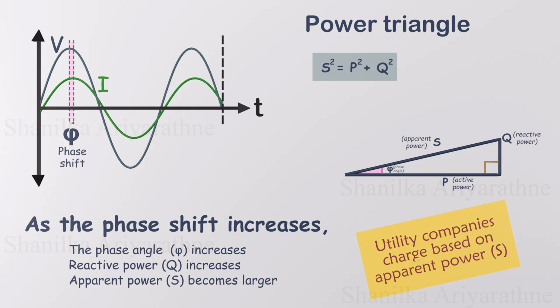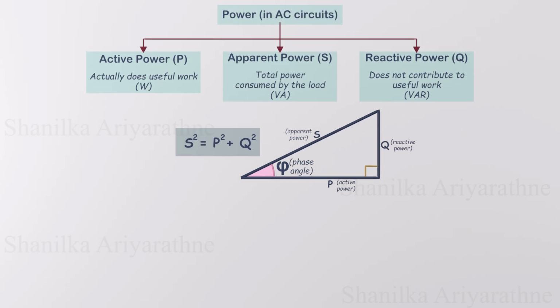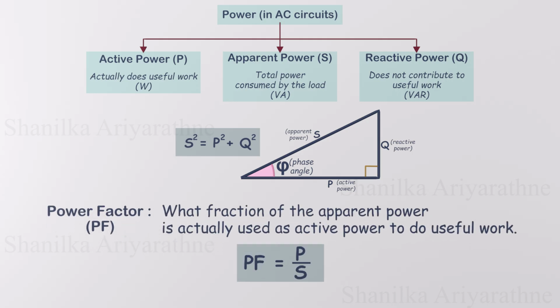Now, to understand how efficiently a load uses power, we define power factor. Power factor tells us what fraction of the apparent power is actually used as active power to do useful work. This ratio helps us evaluate how effectively electrical power is being utilized by the load. Looking at our power triangle, we can see that power factor equals the cosine of the phase angle.